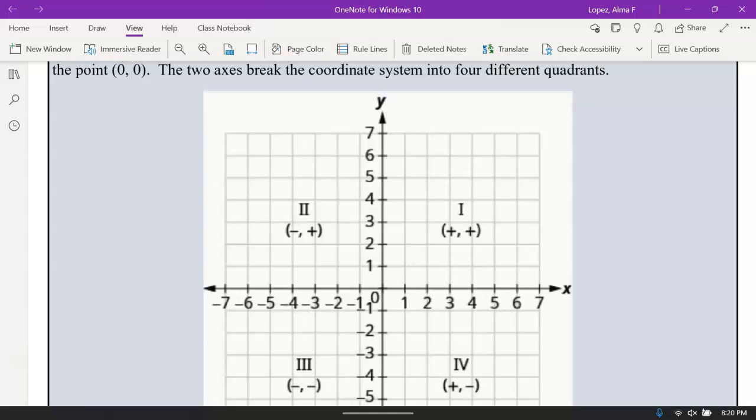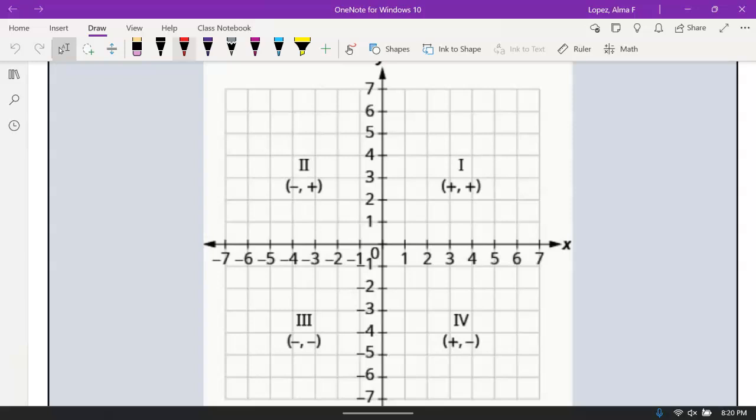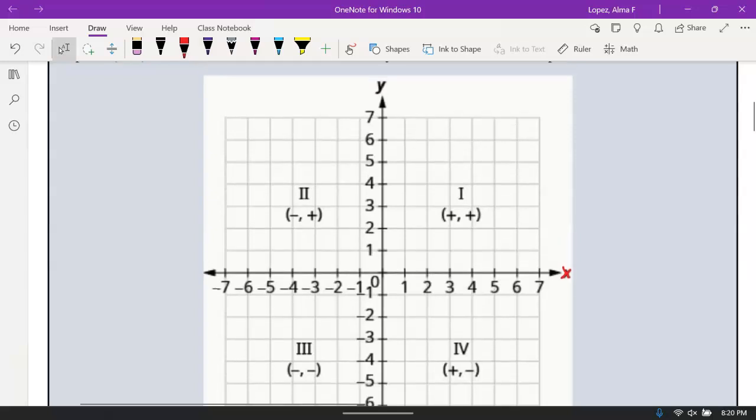And the x-axis is the one that runs left to right. So this is our x-axis, and I'll highlight it over here. And this is our y-axis, the one that runs up and down.